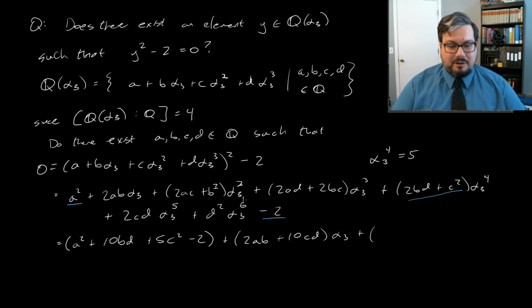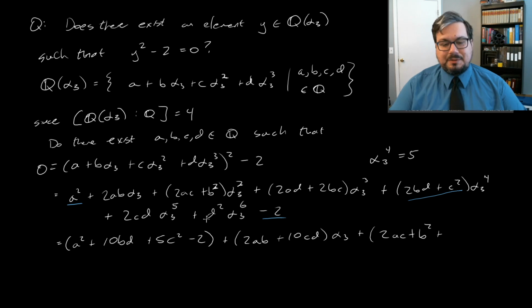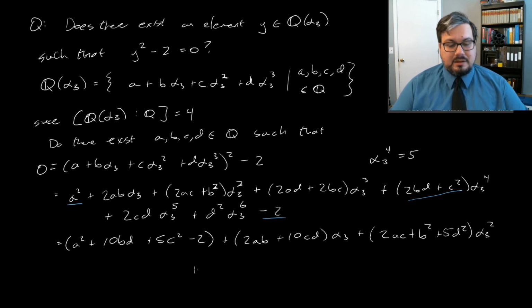Plus, now for alpha 3 squared, we're going to have 2ac plus b squared, plus, now alpha 3 to the sixth becomes 5 alpha 3 squared, so 5d squared, times alpha 3 squared.